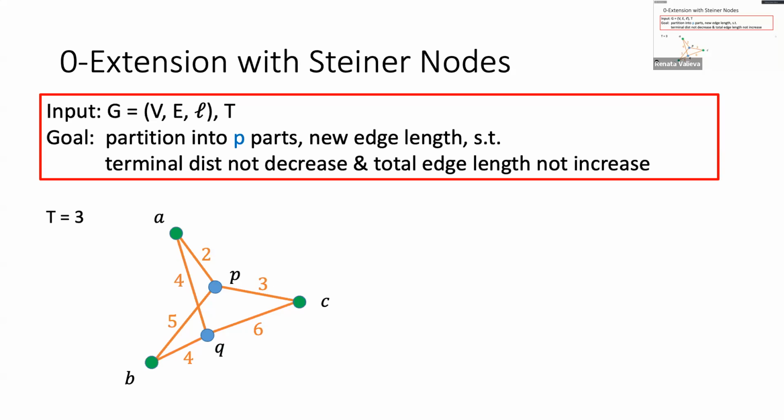The first observation is we may not want to touch P, as we do not want to distort the distance between terminals. If we decrease this by delta, then we have to increase this and this by delta to not destroy their distance. That's minus delta but plus 2 delta. It's increasing the total length. So we do not want to touch it.